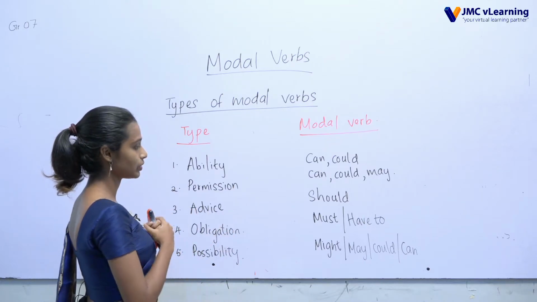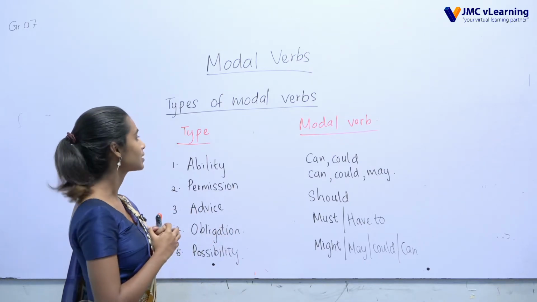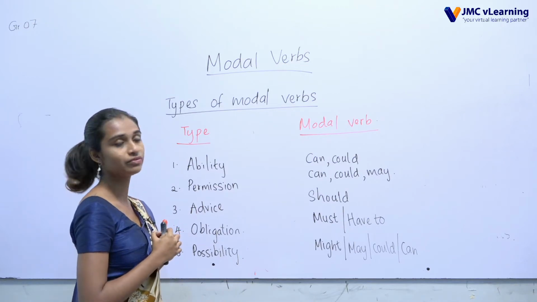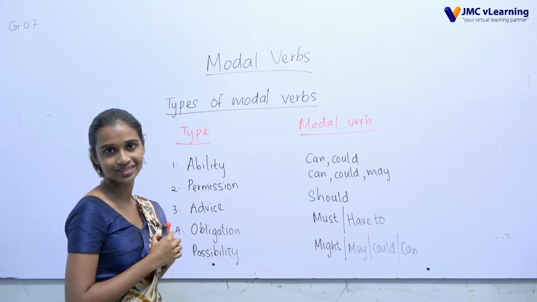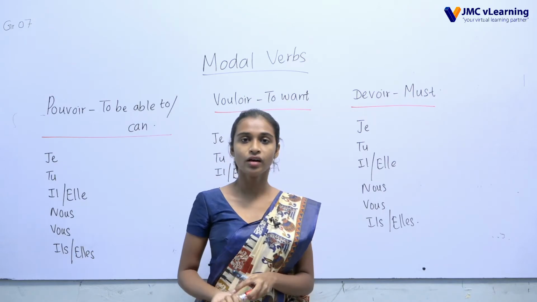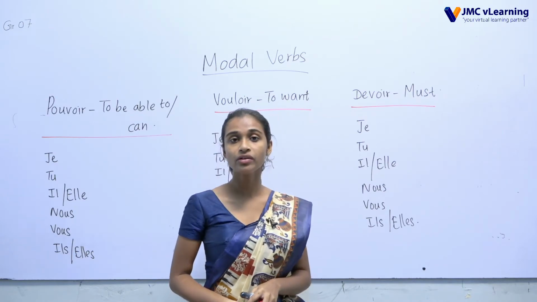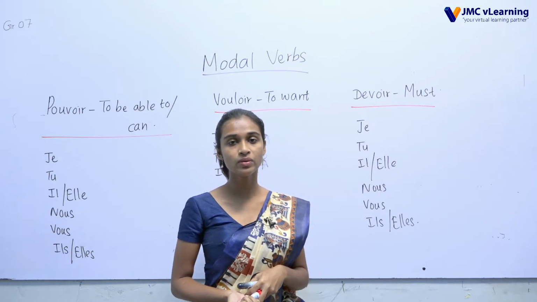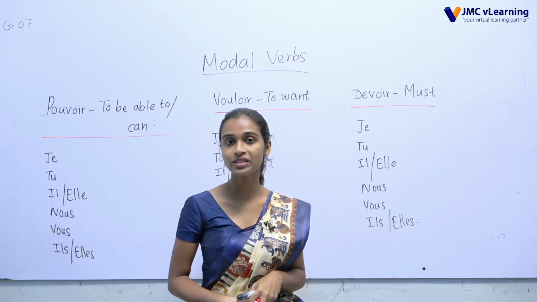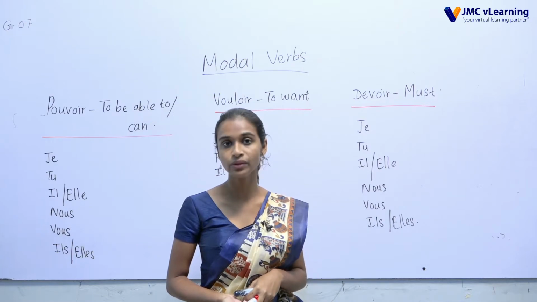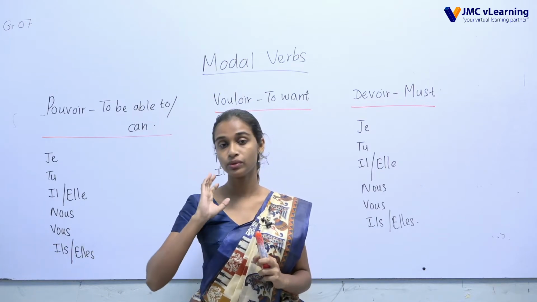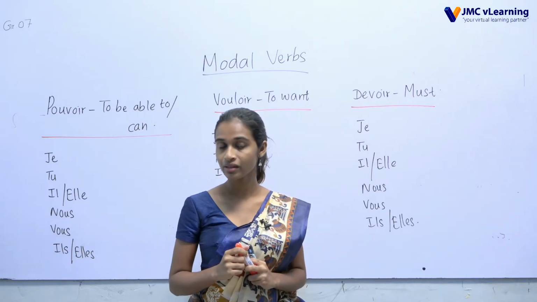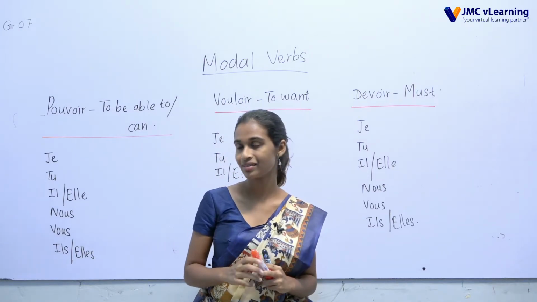Copy this down into your writing books, pause the video, and then let's go to the modal verb conjugations in French. Okay, now all of you know why we use modal verbs and in which instances we use modal verbs. So there are 5 types of modal verbs as I told you, right? So I told you that there are mainly 3 modal verbs in French language, right?